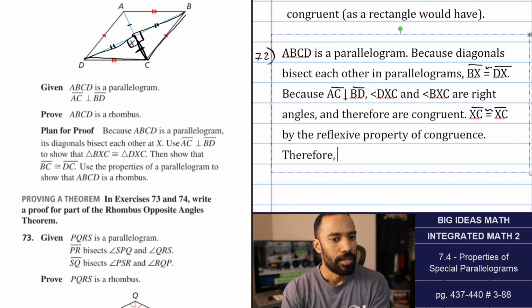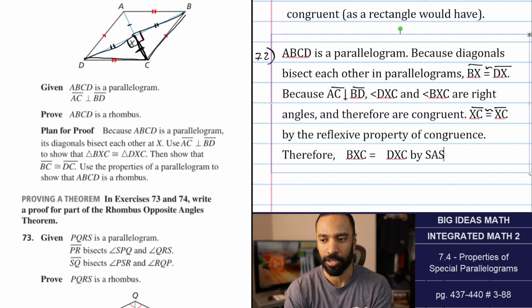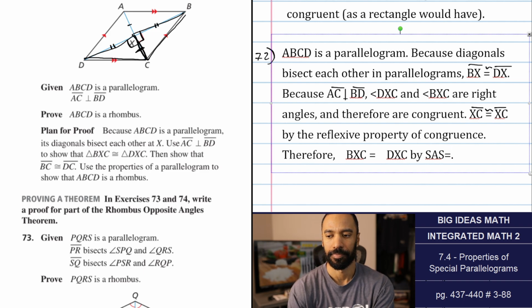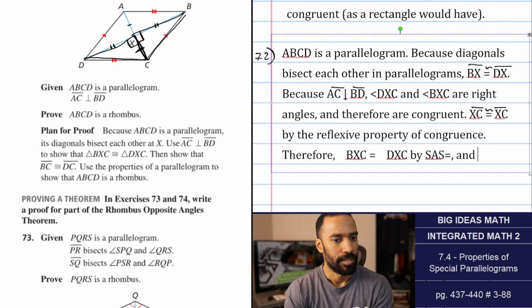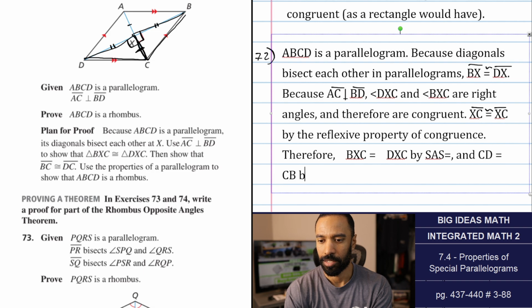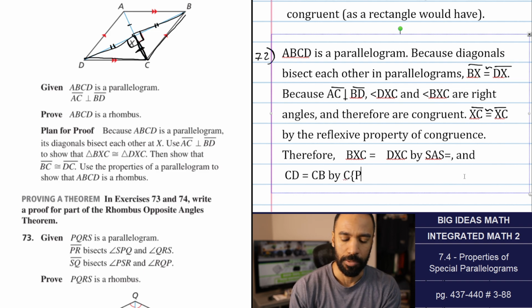Therefore, triangle BXC is congruent to triangle DXC by the side angle side congruence theorem. And CD is congruent to CB by CPCTC.